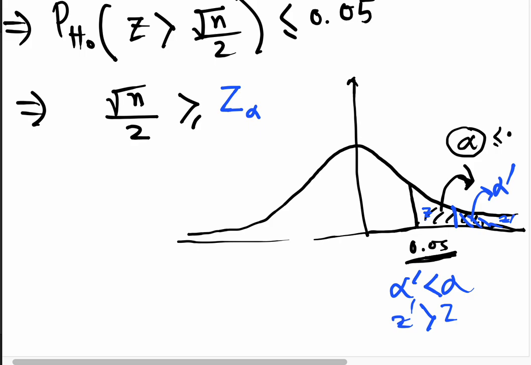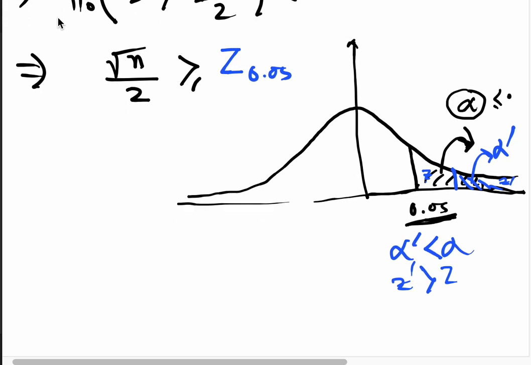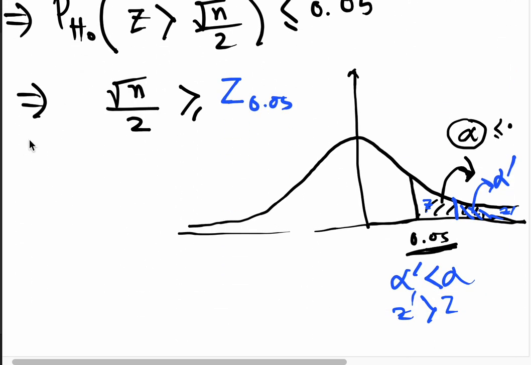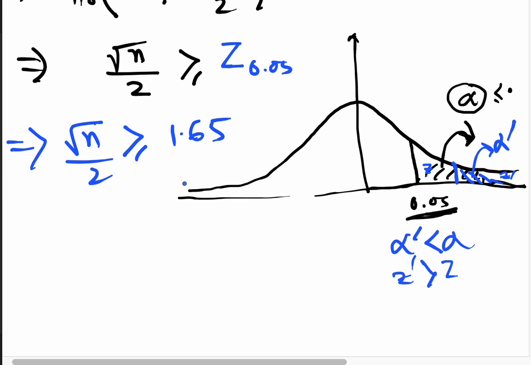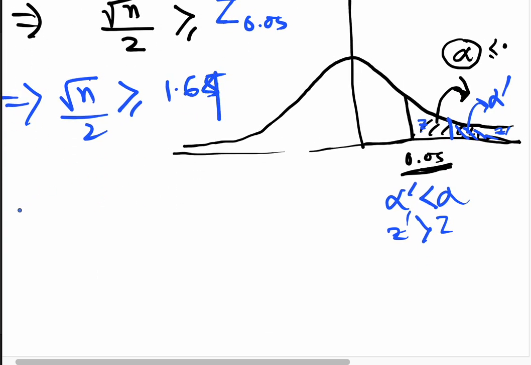That is, alpha here is 0.05. So root n by 2 should be greater than or equal to 1.64. This is n should be greater than or equal to 10.7584.